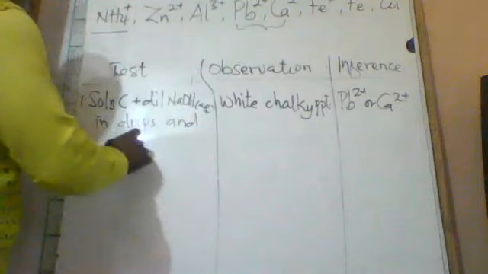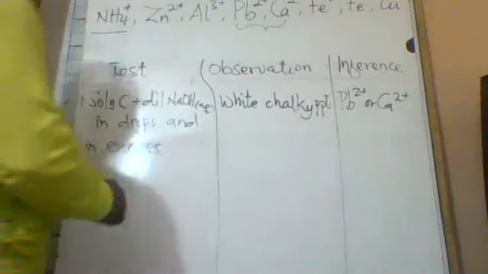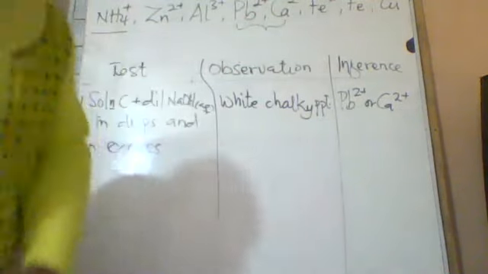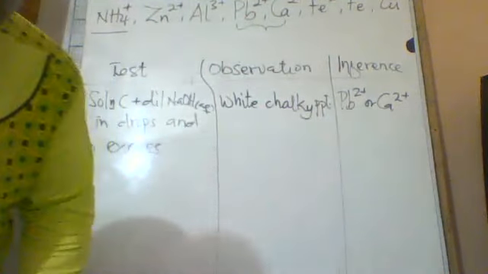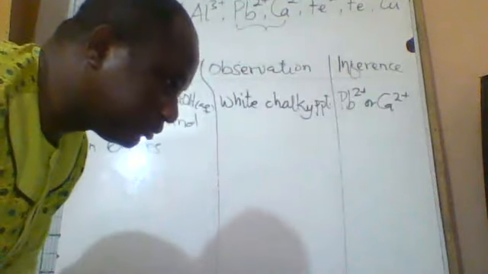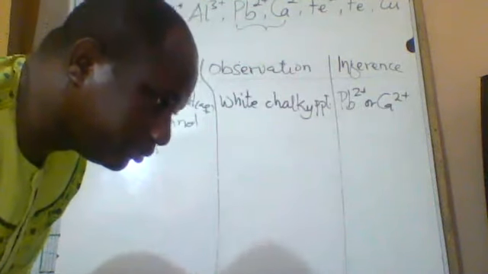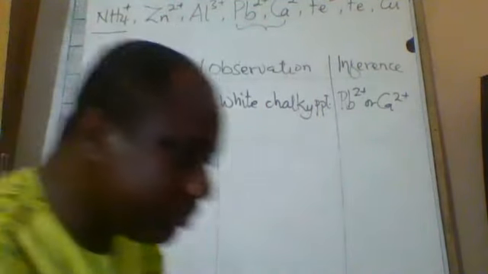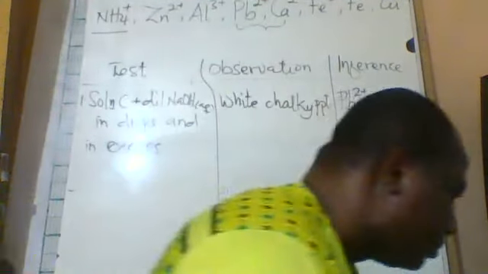Now in essence, if you add the sodium hydroxide in essence, if you are suspecting the two cations, will it be soluble or insoluble? And why?